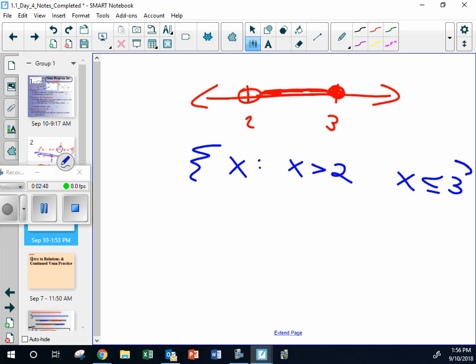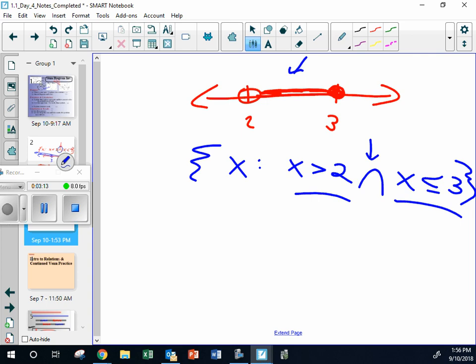Then I put the little end thingy, but I am missing something in between them. Now, if I actually graphed what this says, it would be more stuff than this. This is not a union. This, where you narrow it down to only what's between them, is an intersect. Raise your hand if you got the intersect symbol in there. Okay, good.